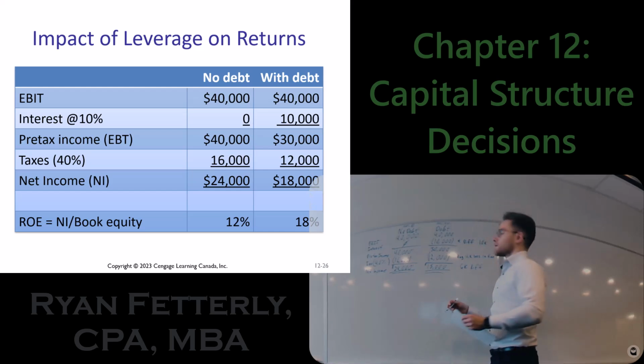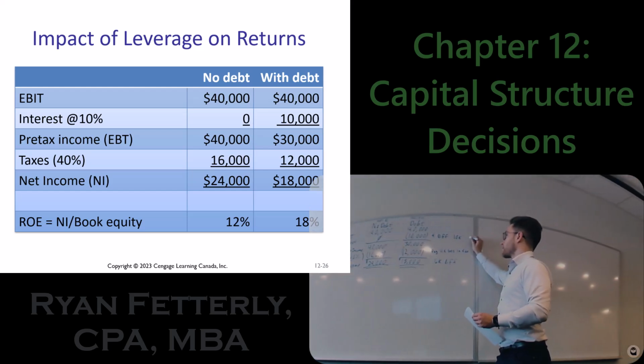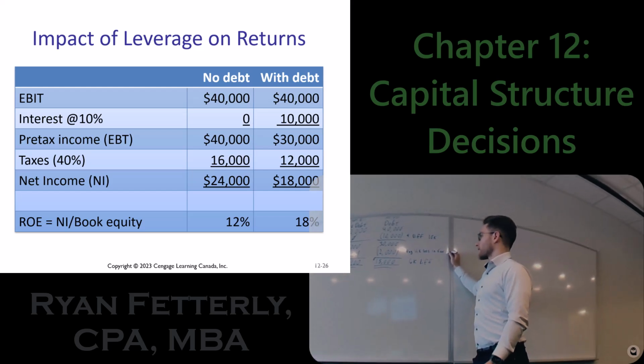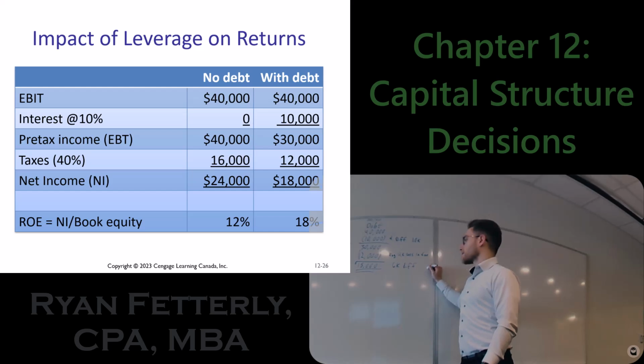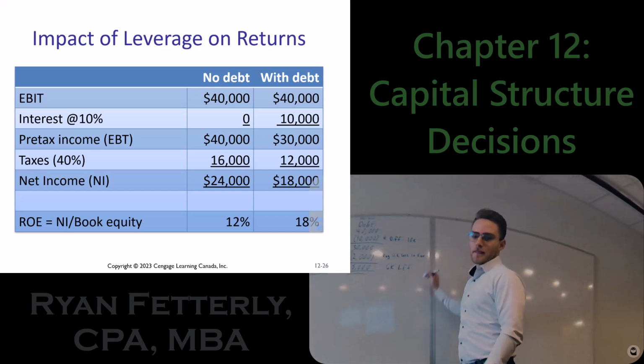Okay? So we deduct $10,000 more, but because of that $10,000 deduction, we pay $4,000 less in tax, right? So the net impact on our bottom line is only $6,000, even though we deducted 10, right?